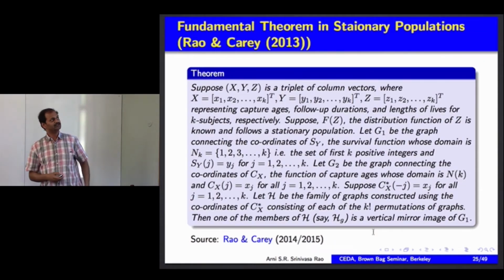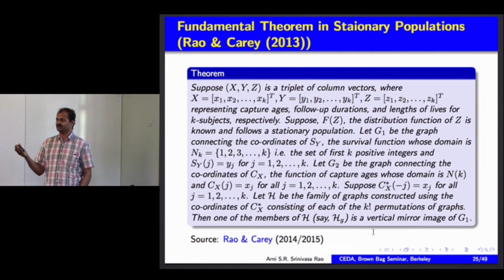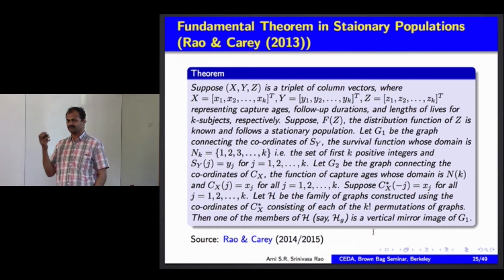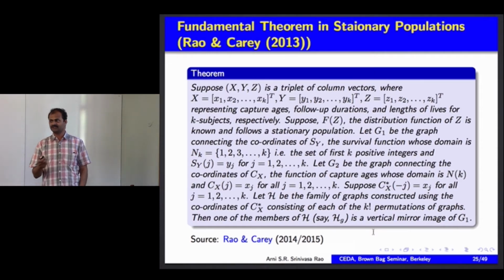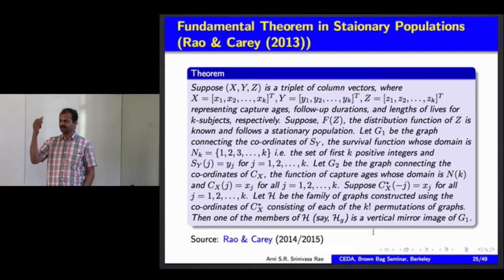Yeah. So coming to that, this is the main theorem proposed by May and Jim after the Ohio meeting. The main structure of the theorem was already given at that time, but we actually rigorously proved it after the meeting.